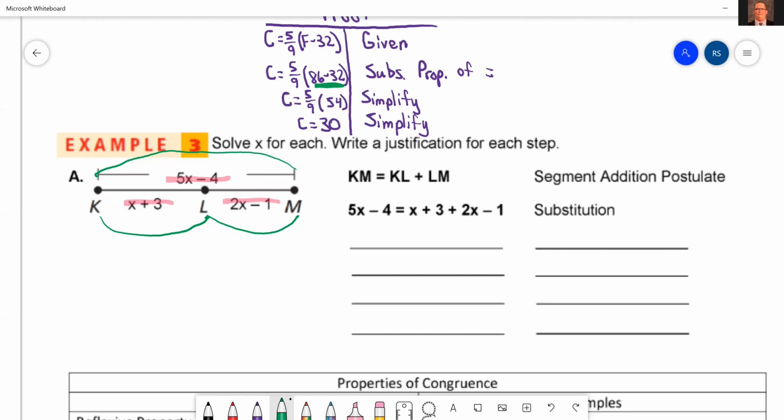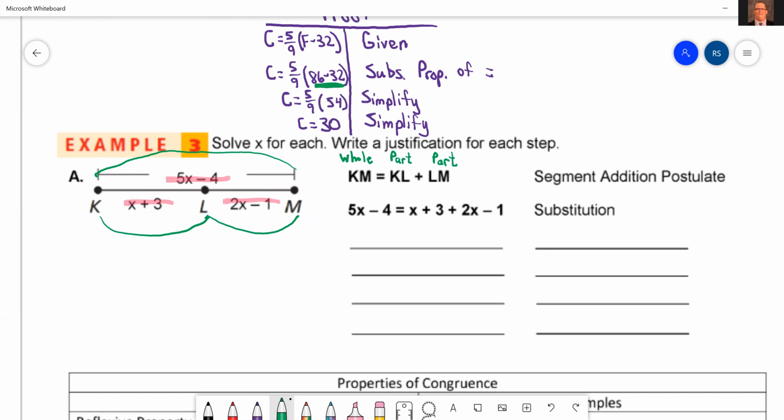This segment addition postulate. What this is saying, KM, I'm just writing this in green because it's not like official, but KM is our whole line. KL is a part of it. LM is a part. So what the segment addition postulate says is that if you add both parts together, you get the whole thing.